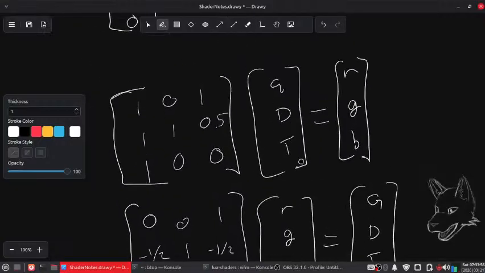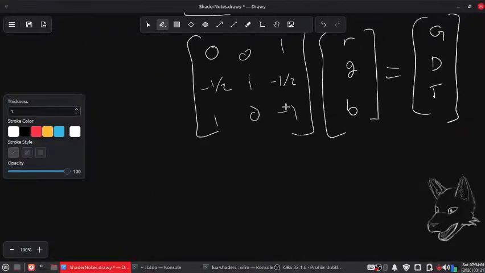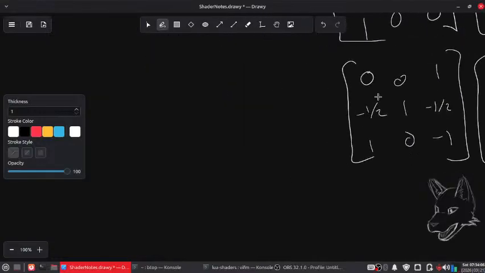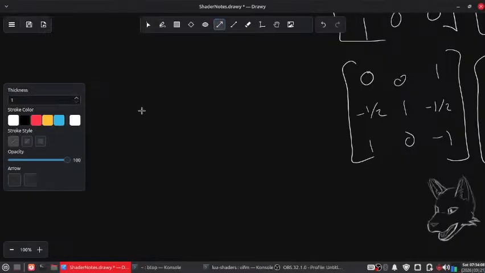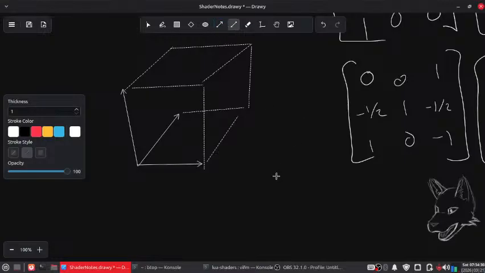So what all does this mean? Let's take a look at that color space again with this one in mind. So what this is saying is what exactly?